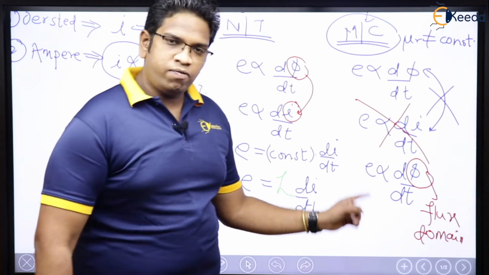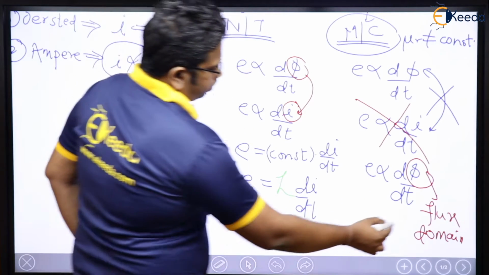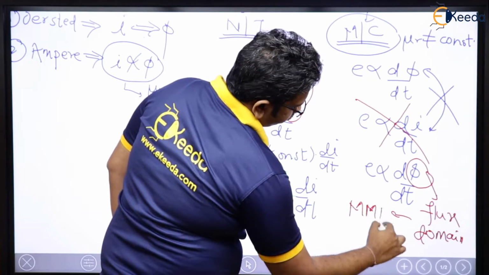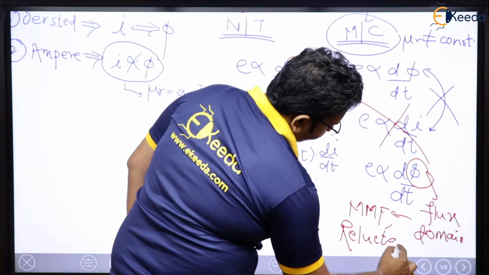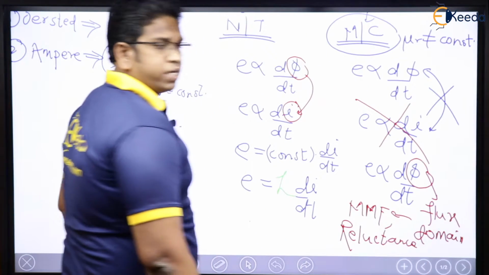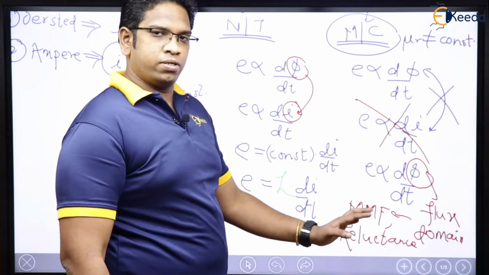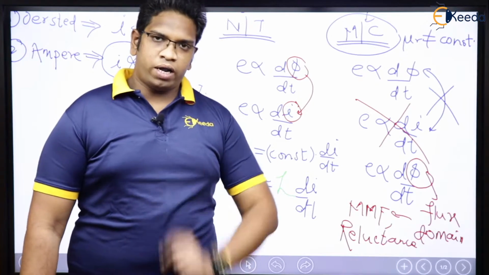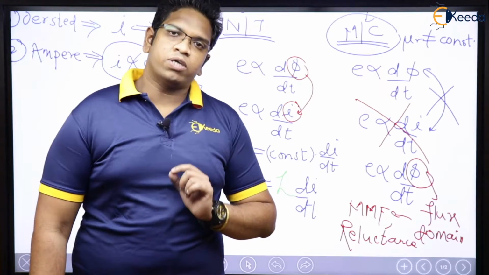And the moment we have to analyze the machine in flux domain, we should know things like MMF, reluctance, flux density, etc. That is the reason it is very important for us to understand whether flux or MMF or flux density is time displaced or space displaced.